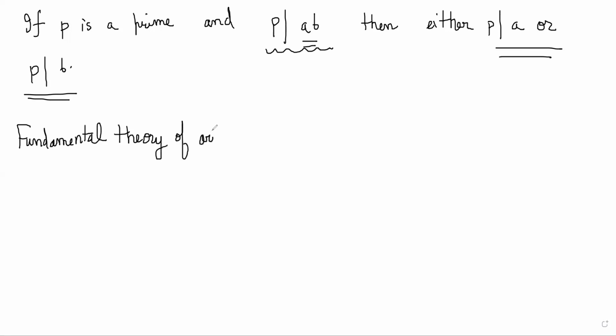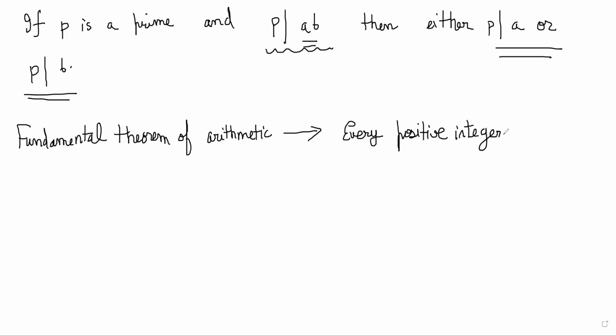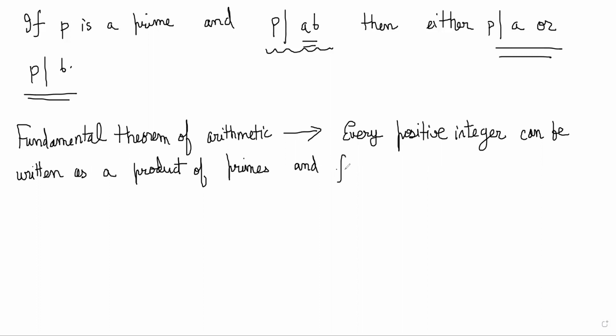Fundamental theorem of arithmetic says that every positive integer can be written as a product of primes, and the factorization is unique.